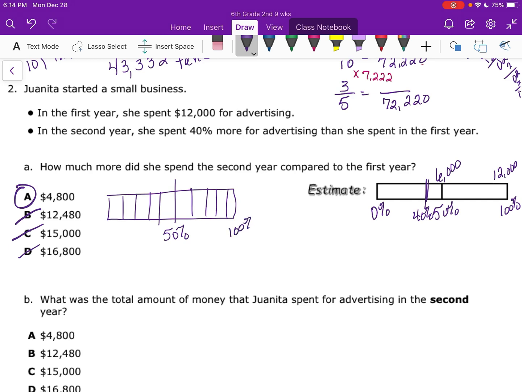We know our 100% is the 12,000. And then we're going to take the 12,000 and divide it by 10 because we have 10 pieces. That's going to give us 1,200. So that means 1,200 will go in each square because that's 10%.